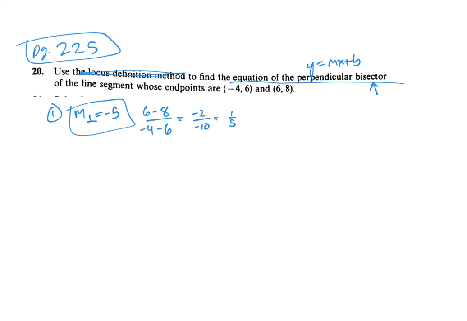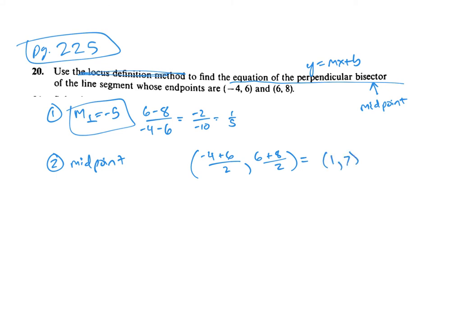Second, this is a bisector, which means I need a midpoint, a halfway point between those two end points. So to find my midpoint, I would be taking the average of the x's, so add and divide by 2, and the average of the y's, add and divide by 2, and that will get me, let's see, 2 over 2 is 1, and 14 over 2 is 7.